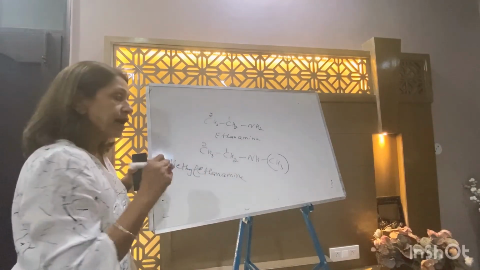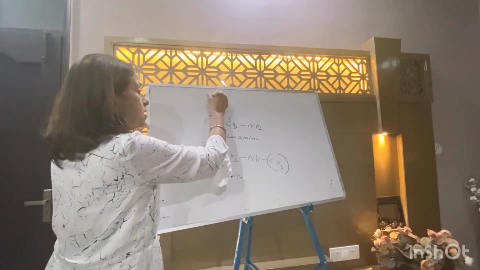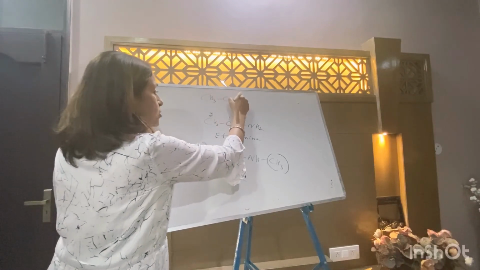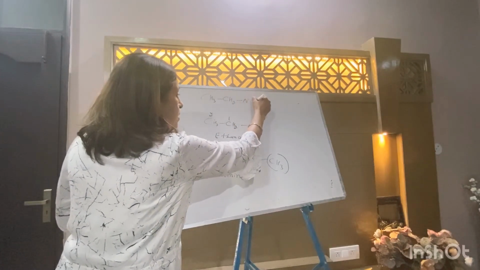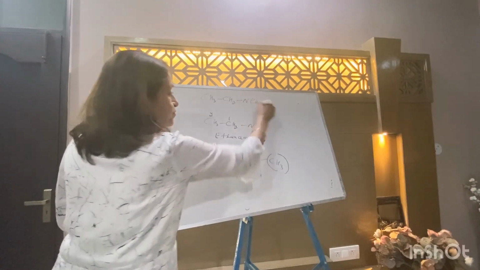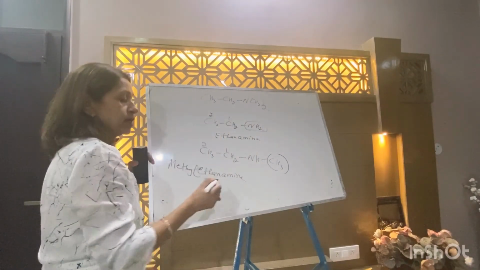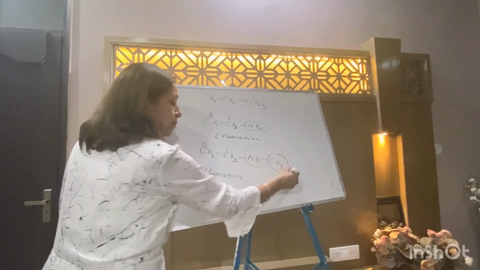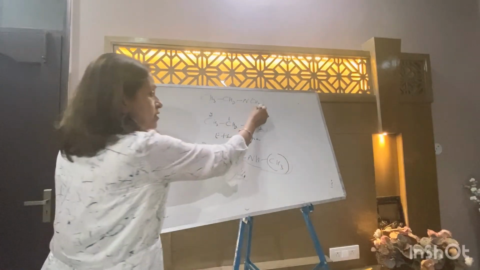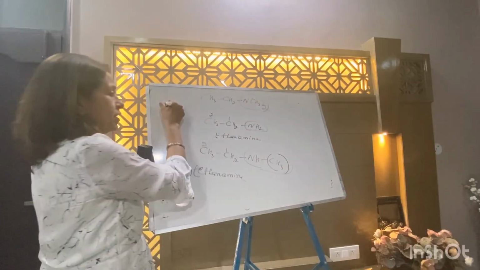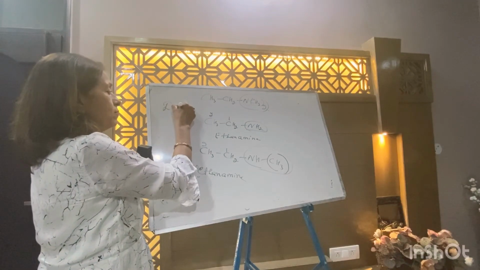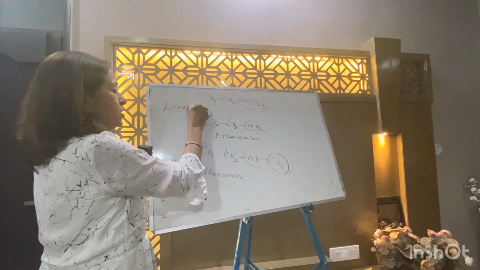NH2 is primary and NH is secondary. Now if it is CH3, CH2 and NCH3 twice, then NH2 is amine, NHCH3 is methyl amine, and N with CH3 twice is dimethyl ethanamine.